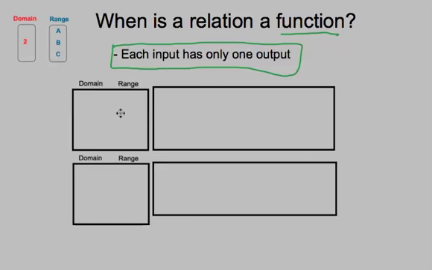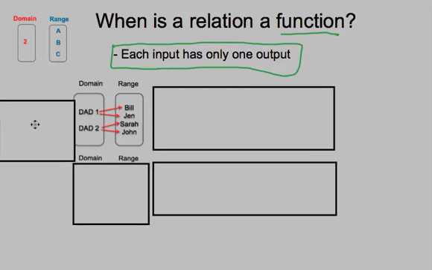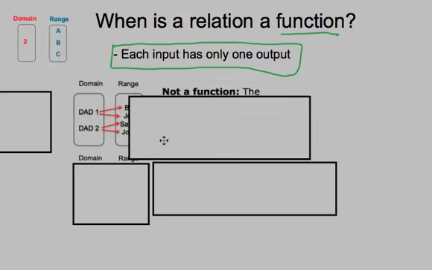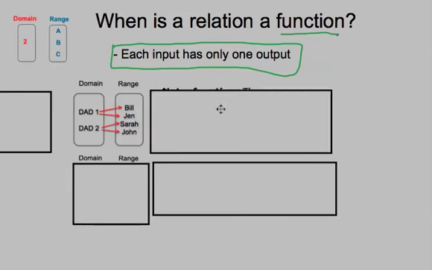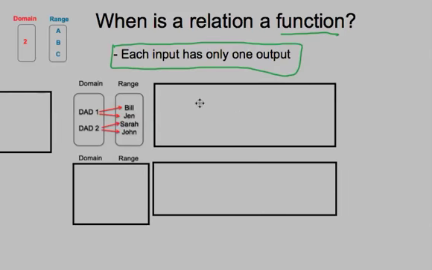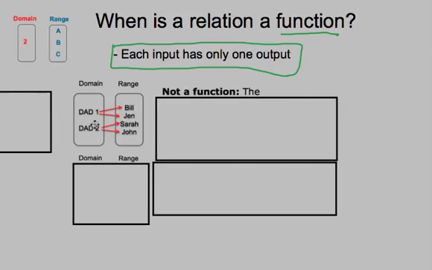So what would make a function? Well, let's talk about another example here. If that is not a function, if I have the relationship from dad to children, let's say that each of these dads has 2 children. If I made the comment, hey, dad 1's child is great, would you know who I was talking about?